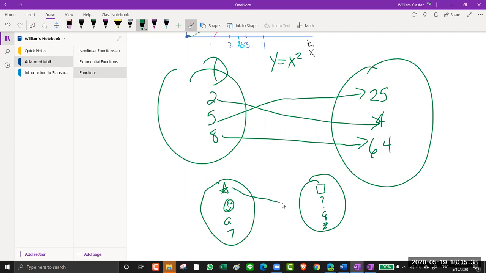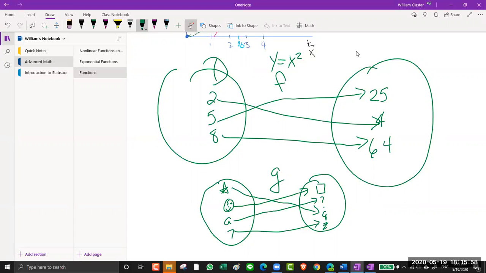And then we could have arrows like this, and like that, and that, for example.